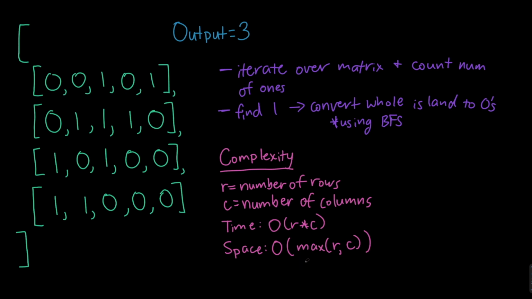So really the larger of these two, whichever is larger, the R or the C, is going to be the upper bound for your space complexity, because if you get a worst case input for your specific implementation, then you could have the entire row or the entire column sitting on your queue at one point in time.